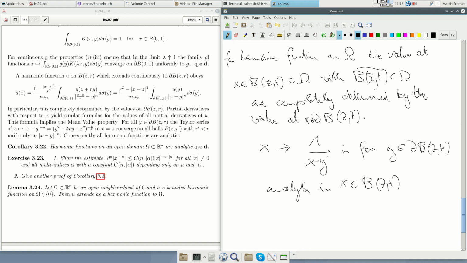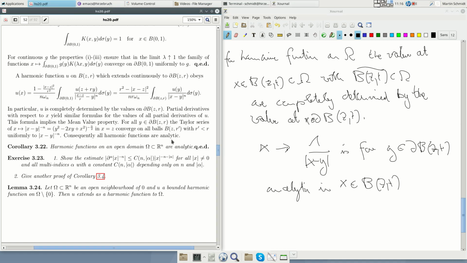Of course, the only point where this absolute value might not be analytic is the point when x is equal to y, but this cannot happen if x belongs to the inside of the ball and y is on the boundary. So it's analytic. So we can represent it, we have a convergent power series.